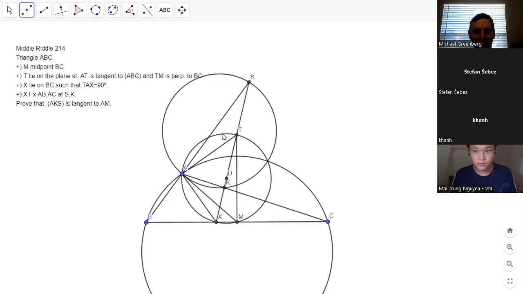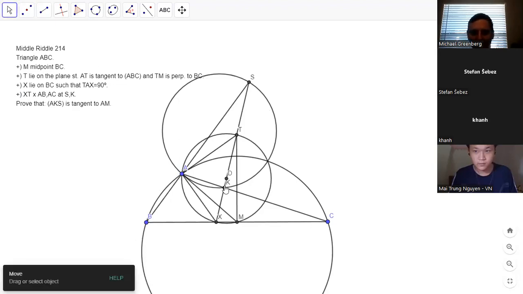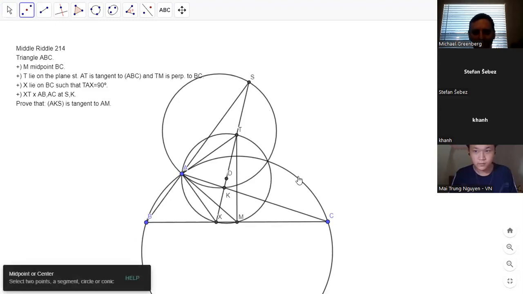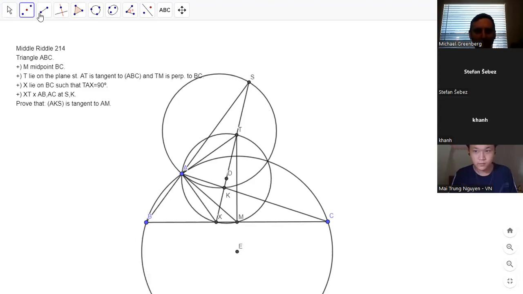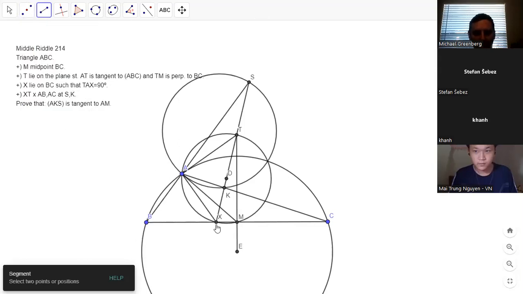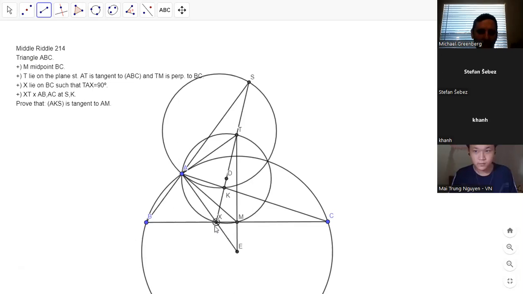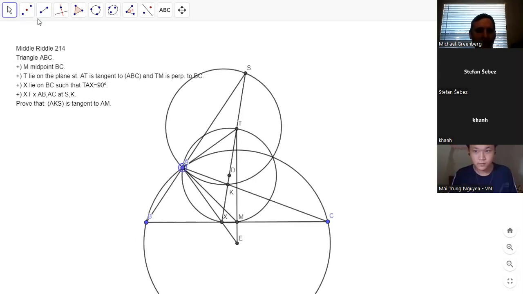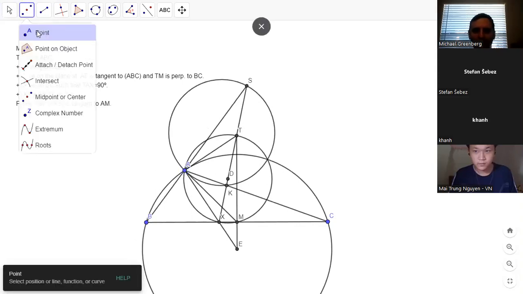It's the midpoint of TX. Oh, the center of ABC. Yes. Do these concur, these circles? And are AX and E collinear? I think so, right? And it's probably just an angle chase to show that these concur.